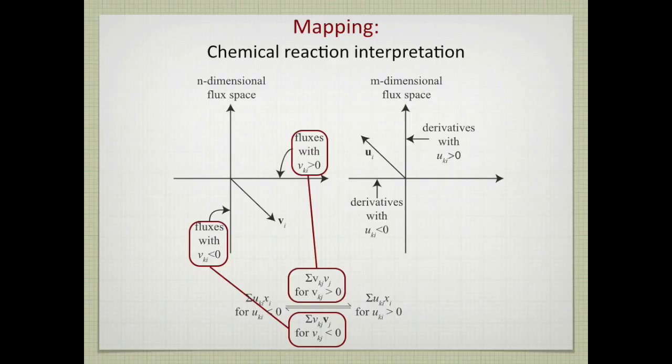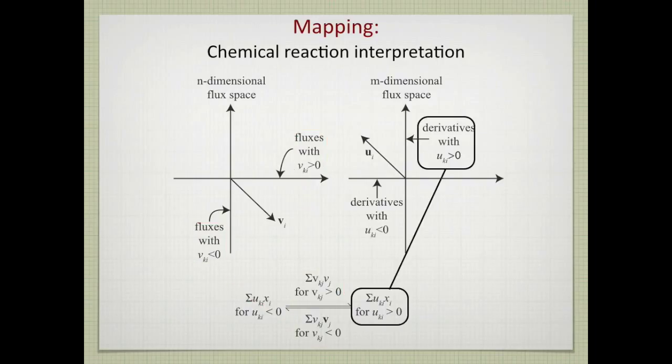Some of these things are going up, some of the things are going down. And conversely, the same thing is true for the concentrations. There are concentrations that are going to be increasing in value as you drive forward, and those that are going to be decreasing in value when that thing goes forward. So this looks just like a chemical reaction. There are forward fluxes and reverse fluxes added up in some odd way, depending on the matrix combination, that drives some concentrations down and some concentrations up. And this represents these right and left singular vectors in the column and the row space.